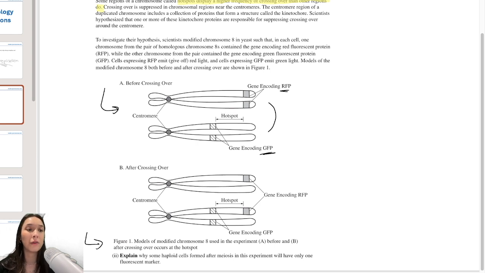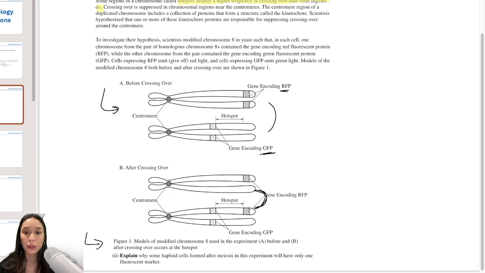So after crossing over, there's likely a couple different combinations of what could happen here, depending on how high up you're doing the crossing over, but they just give you one version here, where you had crossing over of those 2 inner sister chromatids that are attached to 2 different homologous chromosomes. And again, homologous chromosomes are not identical.